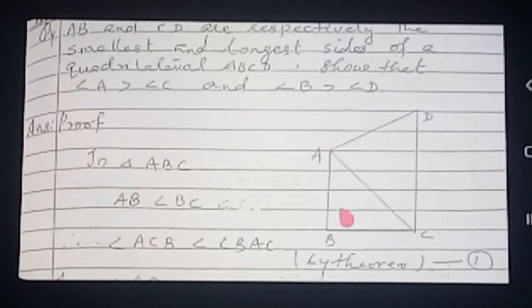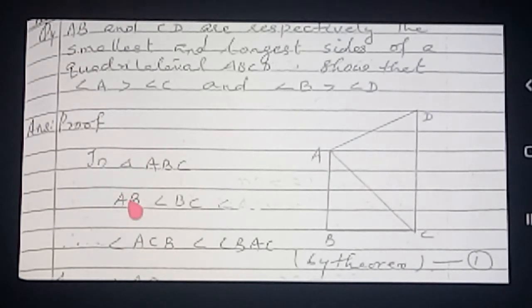Okay, so that only we are going to find out here. In triangle ABC, comparing the 2 sides AB and BC, which is the smallest one? AB is the smallest one. Therefore, I have written very clearly AB is less than BC. If 2 sides are unequal, the smallest side's opposite angle will be the smallest.